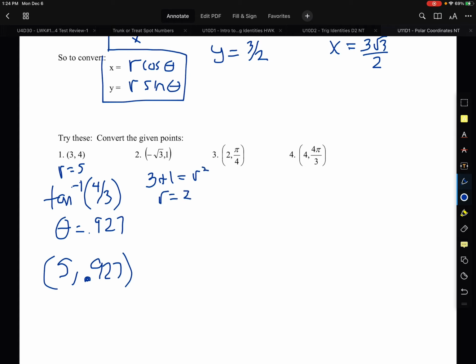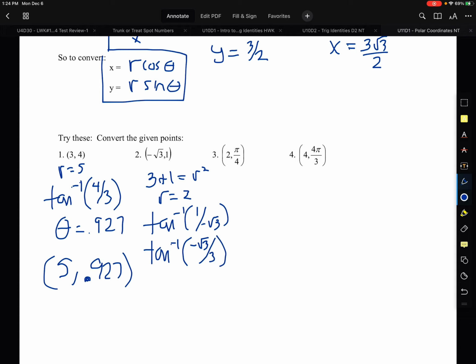r equals 2. Awesome. The inverse tan of, in this case, 1 over negative rad 3. I get theta in this problem to be, well, I guess if we take a quick moment and simplify it a little bit, 1 over negative rad 3 is negative rad 3 over 3, which is on our unit circle.